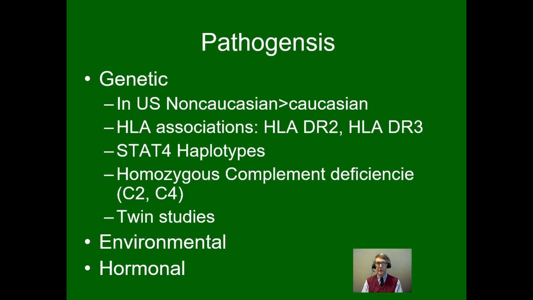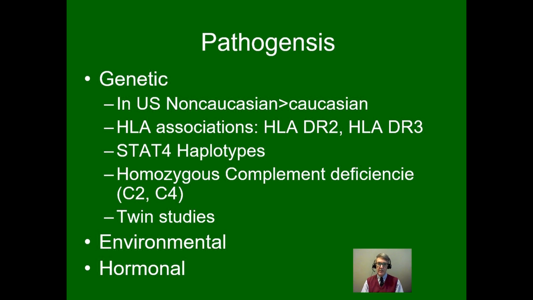So what are the clues that there is a genetic basis for lupus? First, in certain populations, in particular in the United States, non-Caucasian populations such as African Americans, Asians, Afro-Caribbeans, and people of Hispanic origin tend to have lupus in a greater number, or a greater percent, than the European American population.